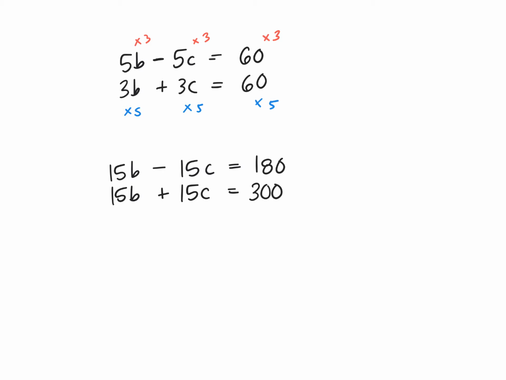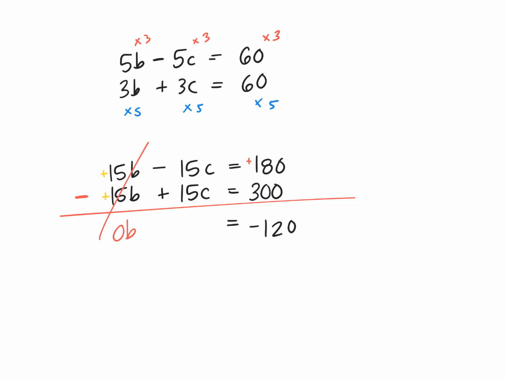Because these are both positive, I'm going to choose to eliminate my B's. I have to subtract to get this to be 0. So I have to subtract everything. I have to subtract positive 180, take away 300. What does that equal? Negative 120.